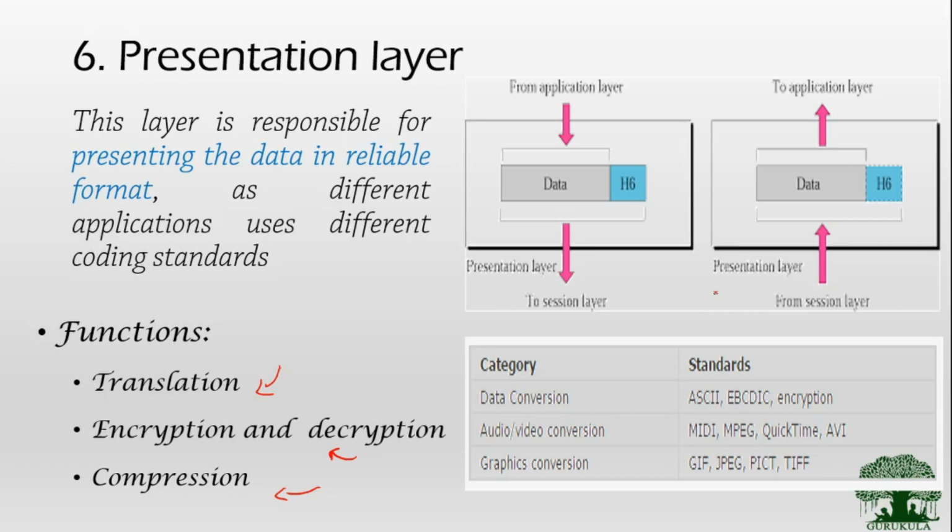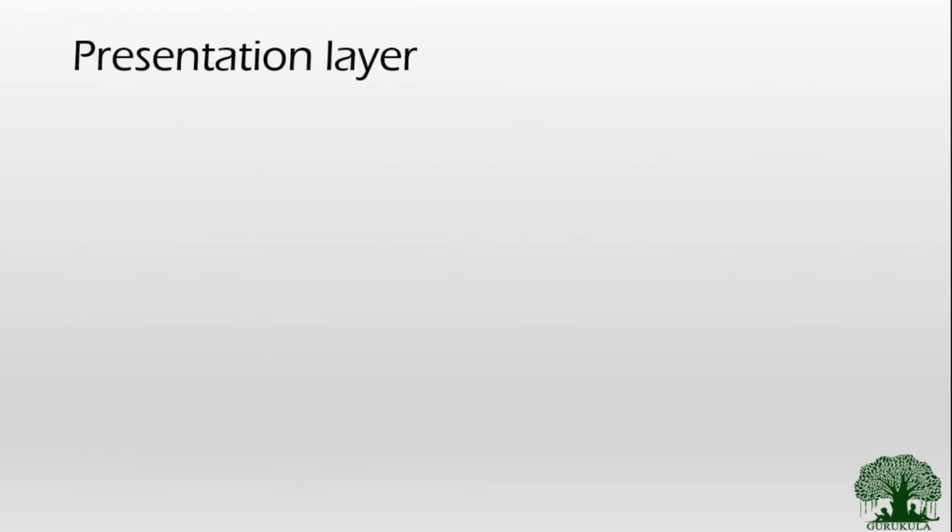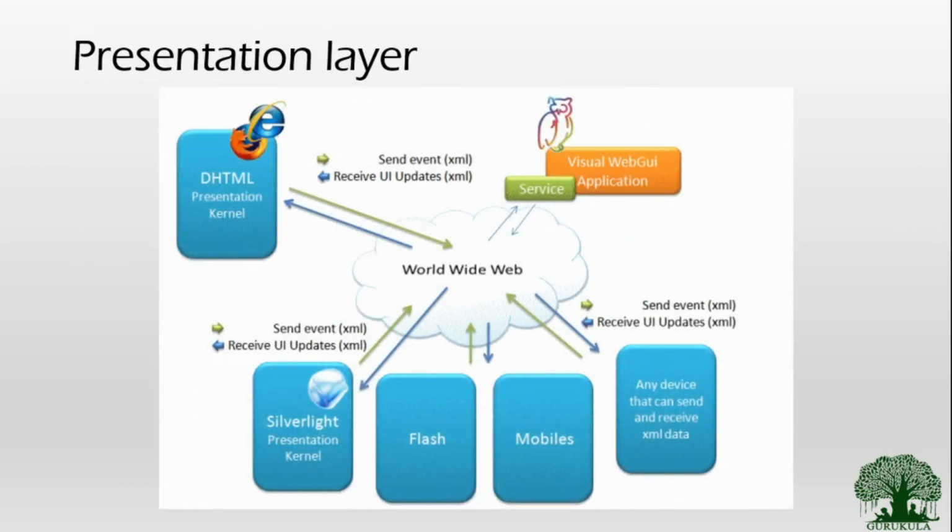Another important function of the presentation layer is that it is responsible for delivering the messages in a suitable form on the right devices. Let's say, for example, I am loading facebook.com on my laptop. I am trying to open the same website on my tab, and I am trying to open the same website on my mobile.